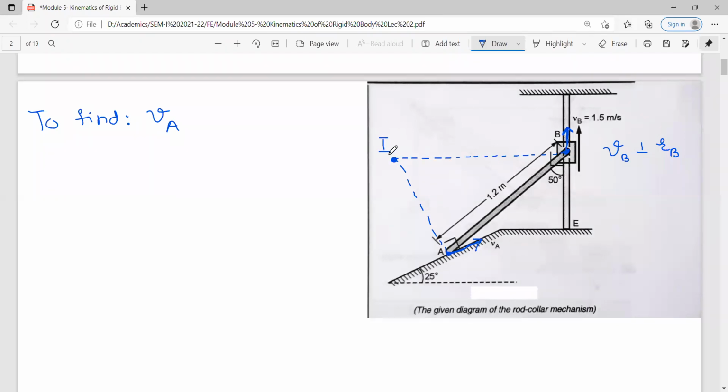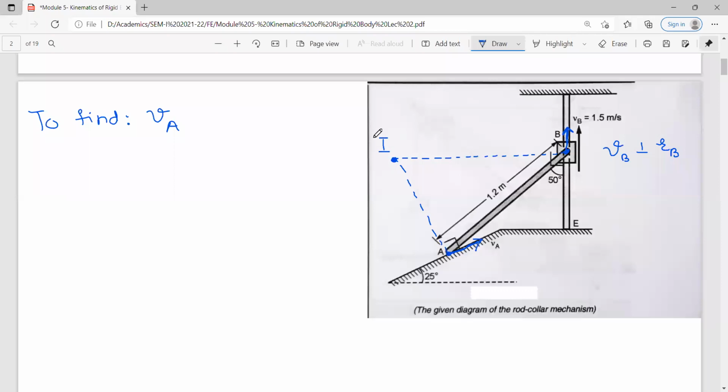How did I obtain it? I knew the directions of the velocities of points A and B, which are present on this rod. So by using the fact that velocity is perpendicular to radius, I am able to locate the ICR.